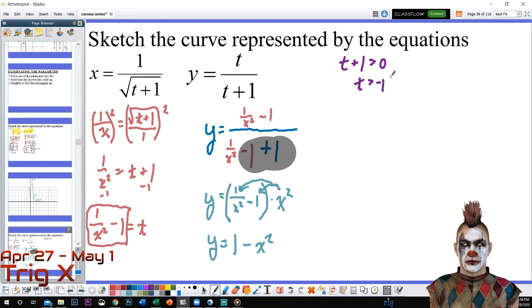Alright with that? Great! Now that I know that t is greater than negative 1, I can move on over here. I know that when I do this work, that's got to be greater than negative 1. So I can add 1 to both sides. That gives me 1 over x squared is greater than 0.